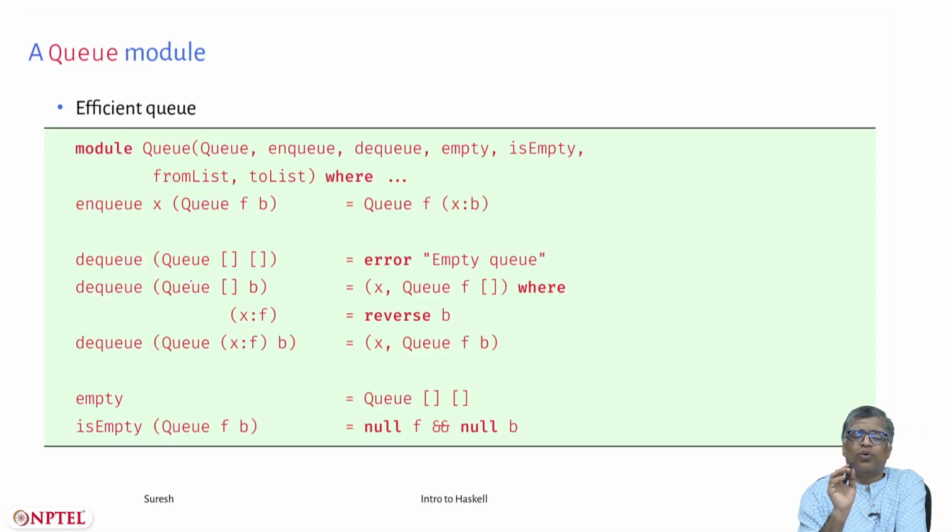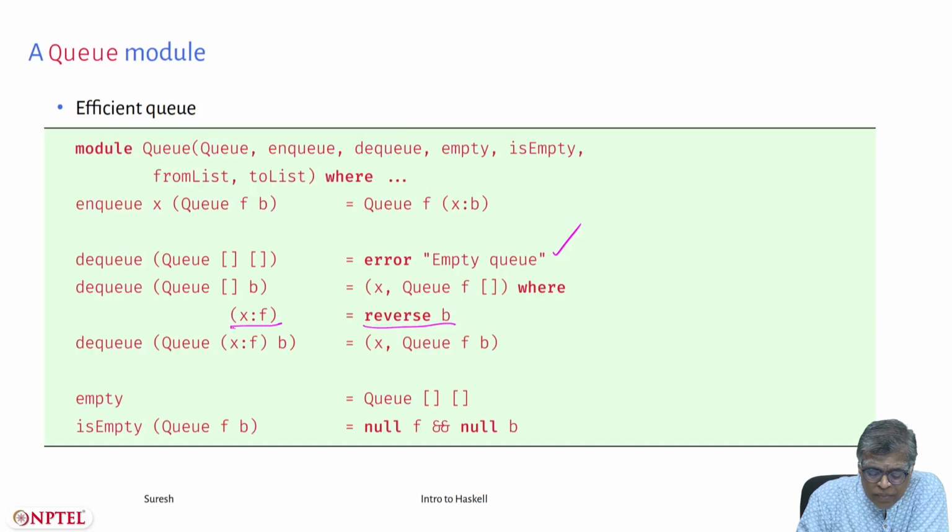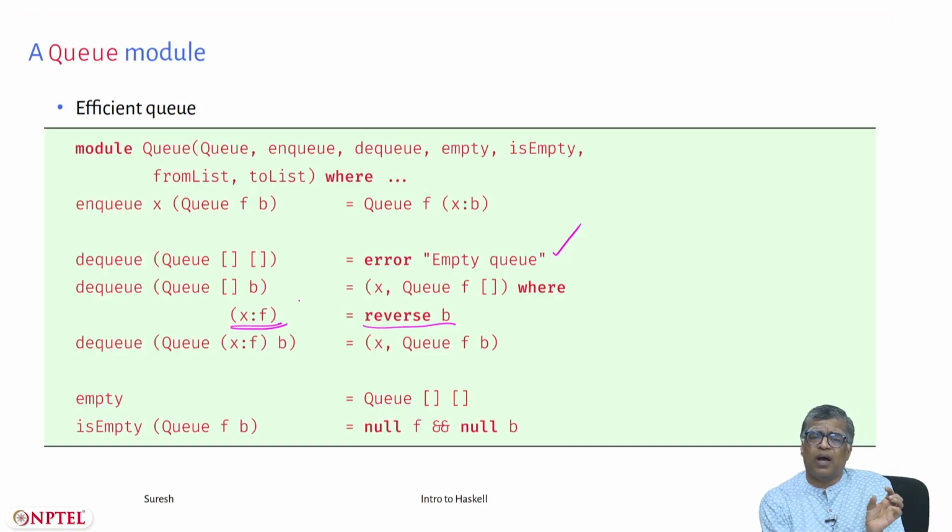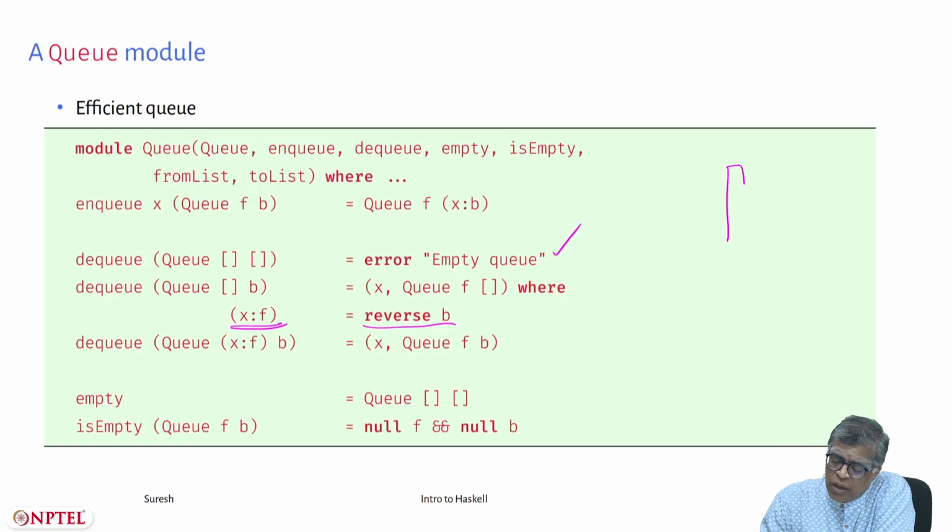DQ is where you have to pay a little attention. If both front and back are empty, then you are trying to DQ from the empty Q, so you will print an error saying empty Q. If front is empty and back is non-empty, DQ of Q [] B, then X is the DQ'd element, and the result is Q F [] where the reverse of B is X : F. Okay, so you reversed B and it had a first element.